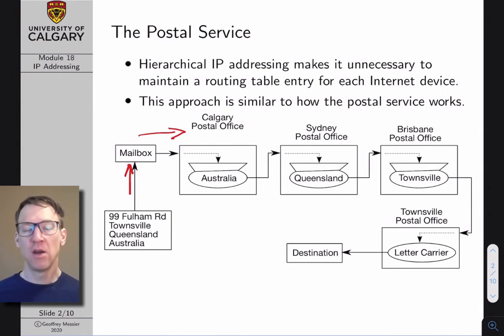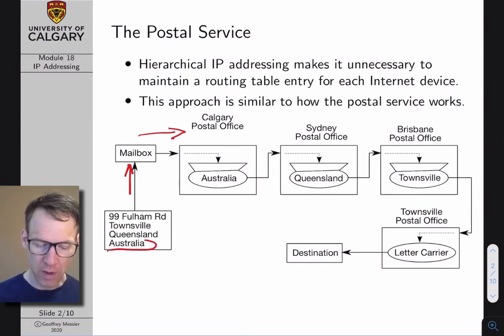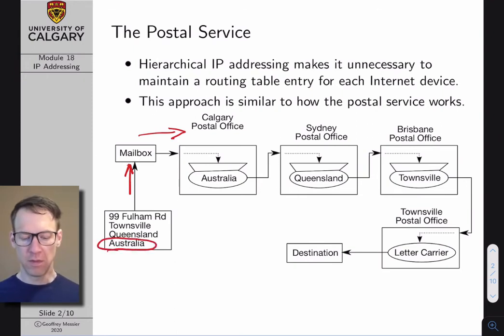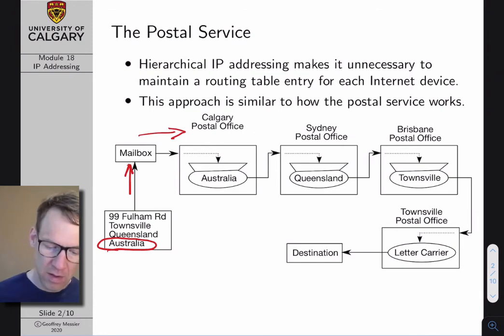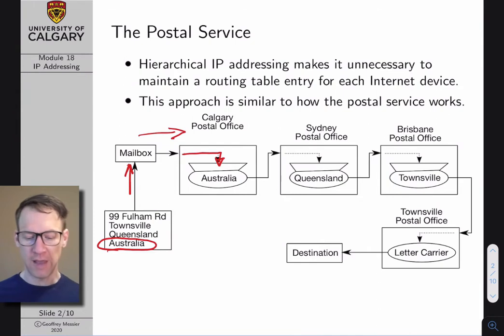It's not, right? All that letter sorting person has to do is take a look at the country portion of the address written on the envelope. The person looks at that and says, oh, this is for Australia. And the letter is then put into a large mail sack destined for Australia.